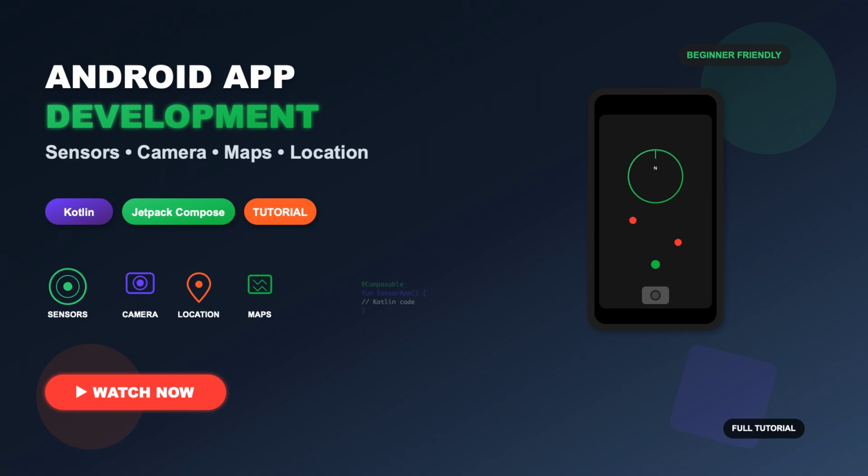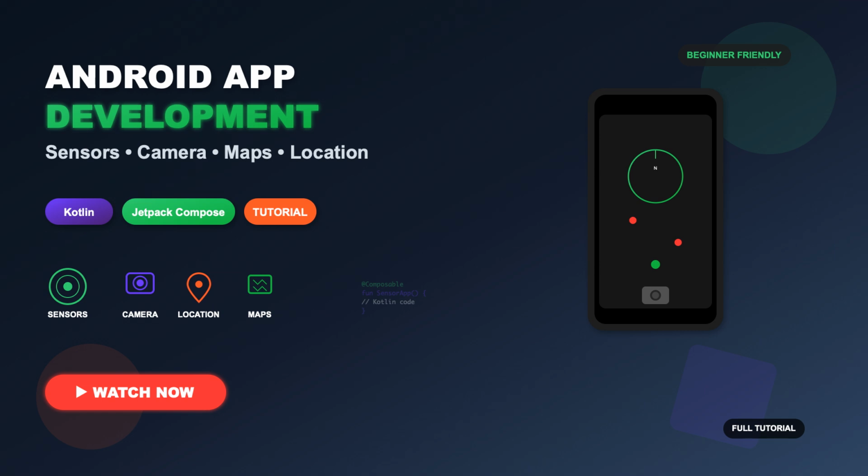Unlock the power of Android app development with this comprehensive tutorial on sensors, camera, Google Maps, and location services using Kotlin and Jetpack Compose. Learn how to leverage Android's Sensor Manager for motion, position, and environmental sensors. Create a compass app with accelerometer and magnetometer data, and capture photos using the Camera app or CameraX.